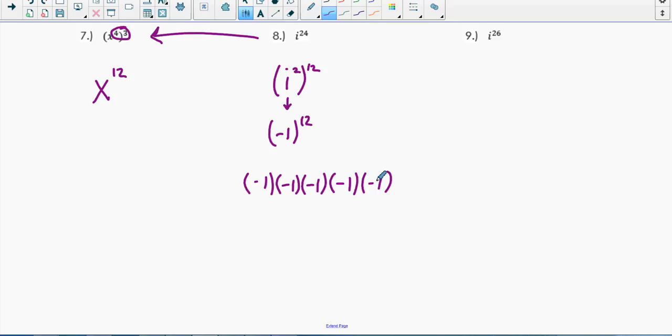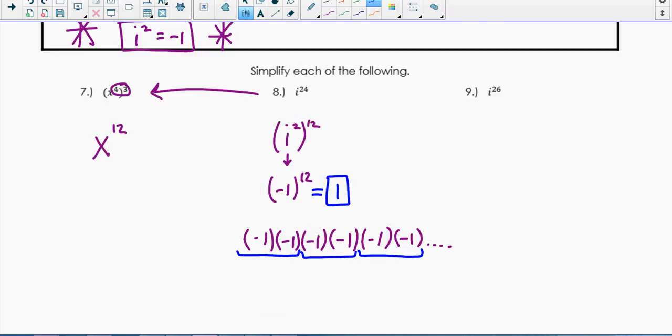What's going to happen is these two will pair to make a positive, these two will pair, and that'll continue to happen. So if I take negative 1 and raise it to an even power, I get a positive 1. So i to the 24th is the same as 1, which is a real number.